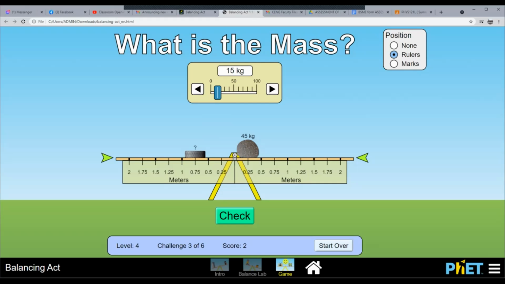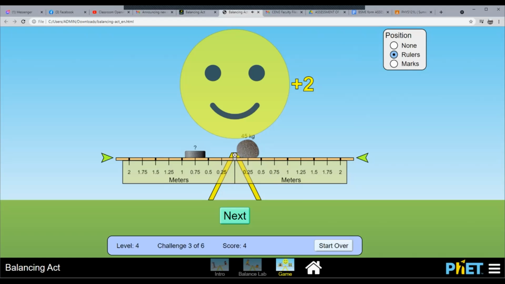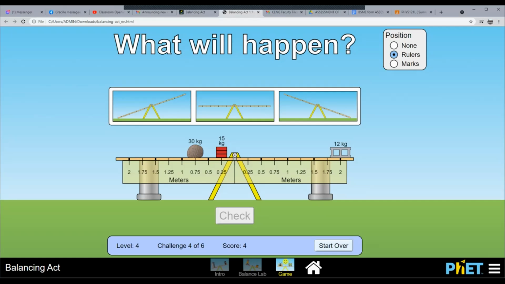Is that your answer? 1, 5. Yes. Okay, let us check. Okay, so that's very good analysis. Next, what will happen? First, second, or third condition?